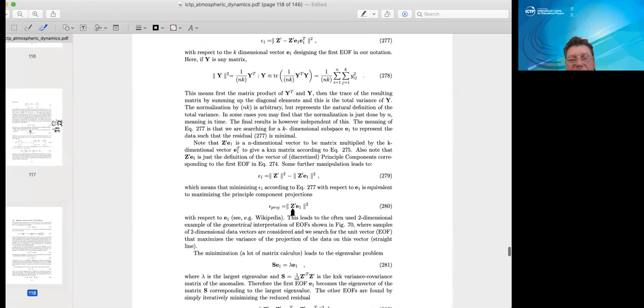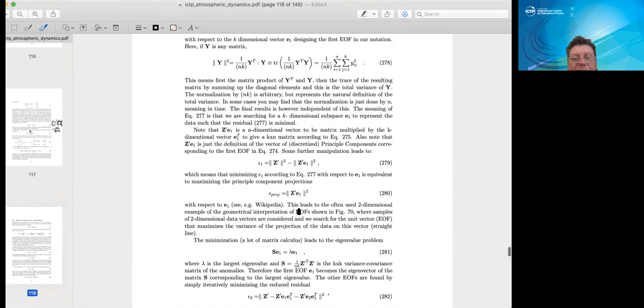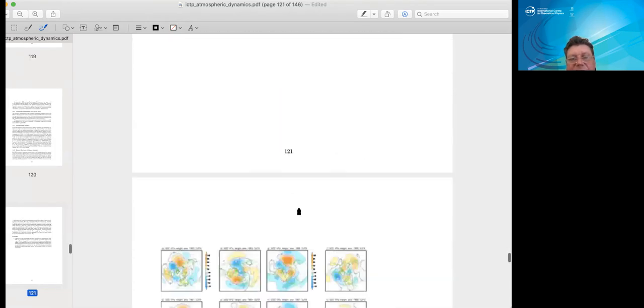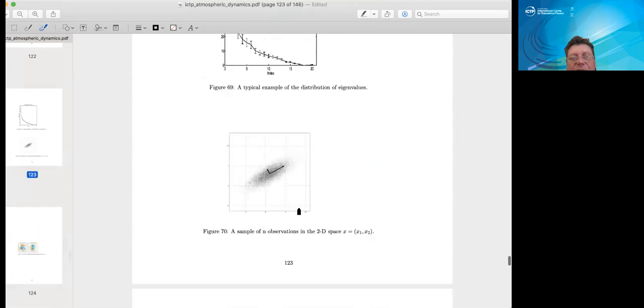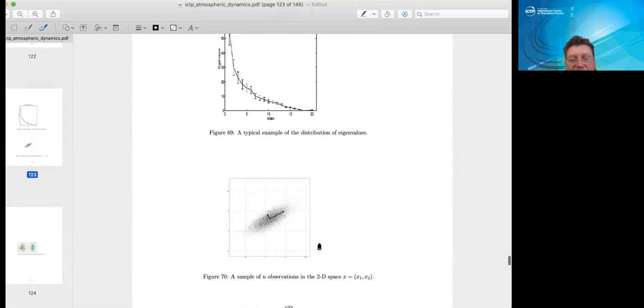Now this Z times E has a special meaning. That's again the projection. That's the projection of our data on that EOF. So that gives us some interpretation of this quantity. Let's say we have data in just this two-dimensional space, a data cloud.